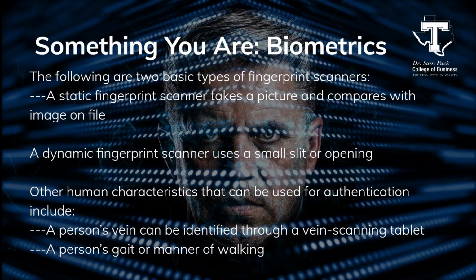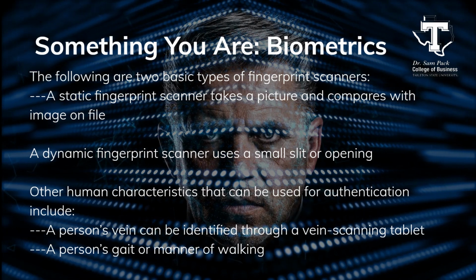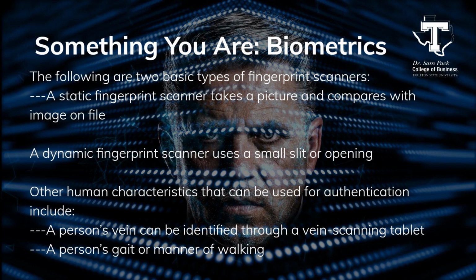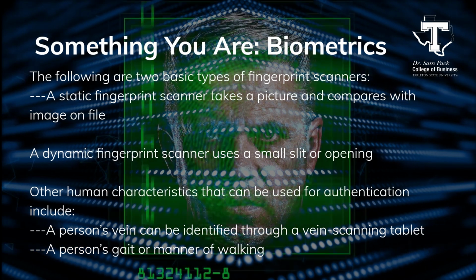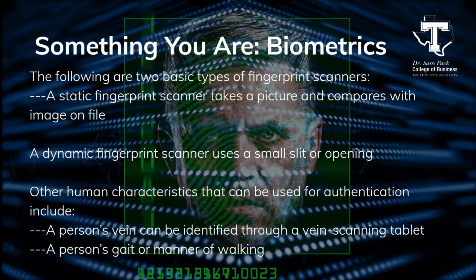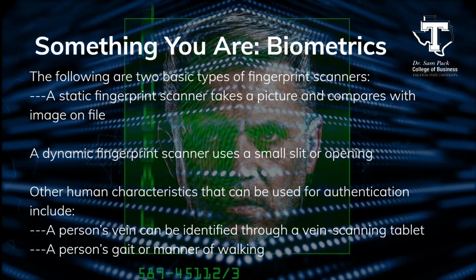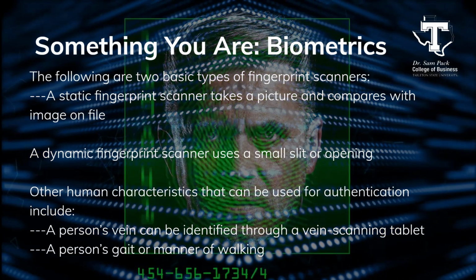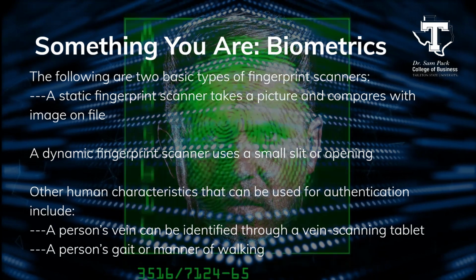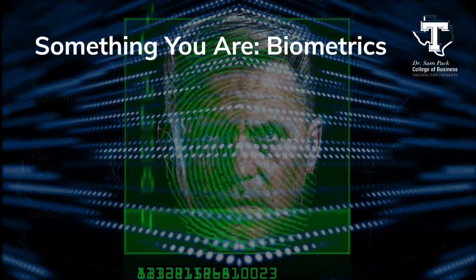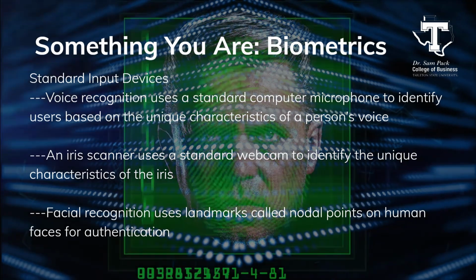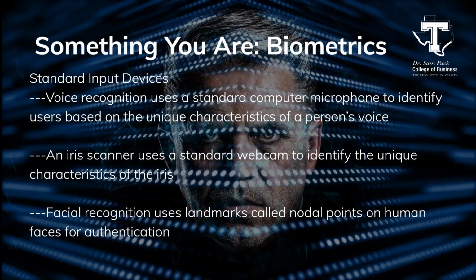Beyond fingerprints, other unique characteristics can be used for authentication. For example, a person's veins can be identified through a vein scanning tablet. Additionally, even a person's gait, or the way they walk, can be used as a biometric identifier. Let's explore some standard input devices used for biometric authentication.